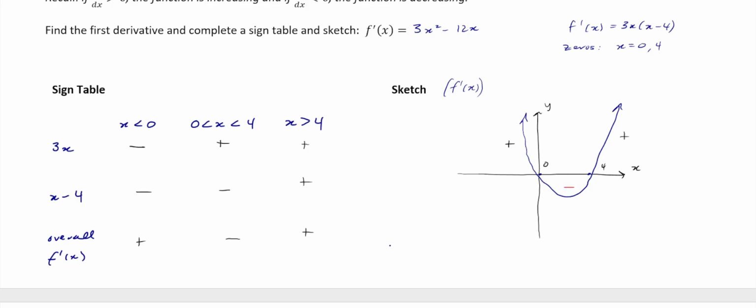So what I would say is, therefore, f at x is increasing for x element of negative infinity to 0 and 4 to infinity, and decreasing for x between 0 and 4.